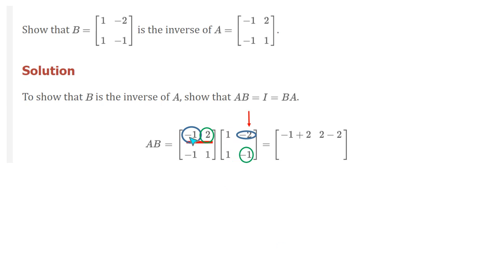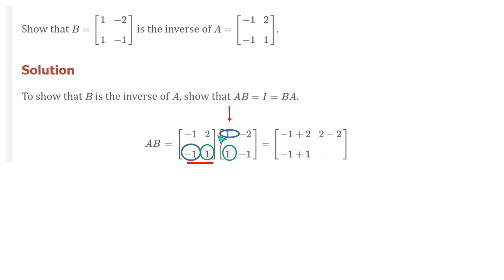And then if we go to the next one, -1 times -2 is +2. 2 times -1 is -2. And then we go to the next row, -1 times 1 is -1. 1 times 1 is +1. Go to the next column, -1 times -2 is +2. 1 times -1 is -1.